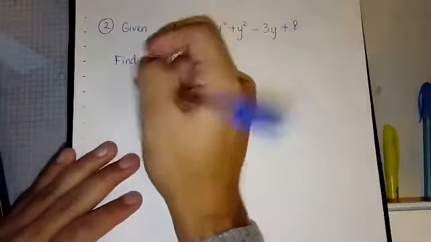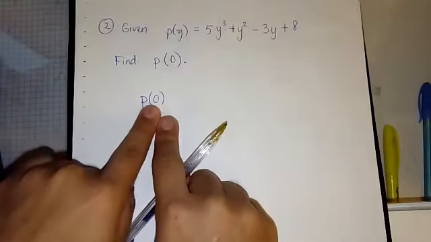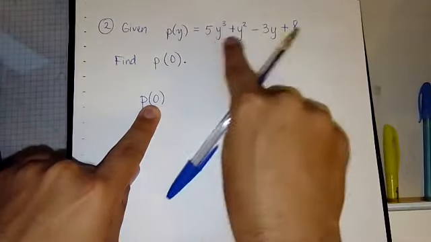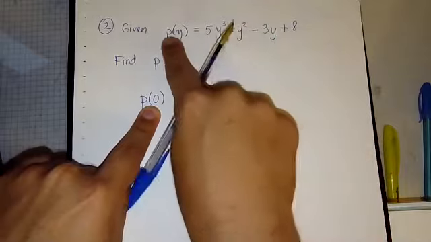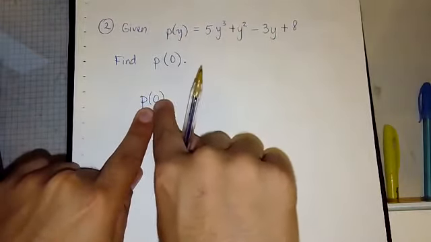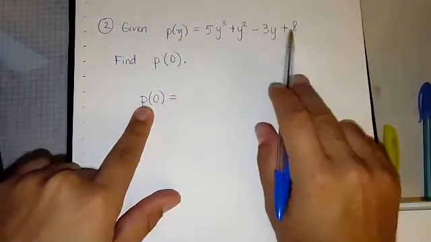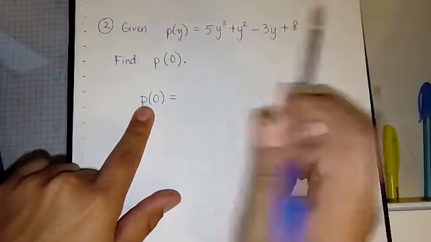Again, we'll start off by writing p of 0, understanding that 0 is the input value, and we need to plug that in for the variable. So this function has a variable of y, and we're replacing all of the y's with this number 0. So I'm going to go ahead and write this expression, but I'm going to put parentheses everywhere I have a variable.